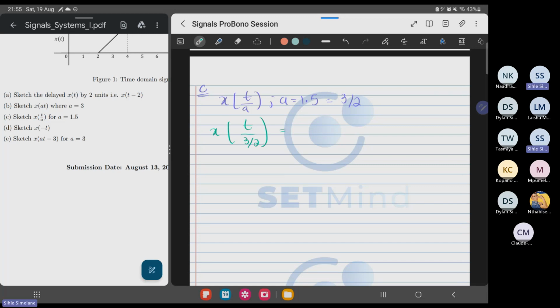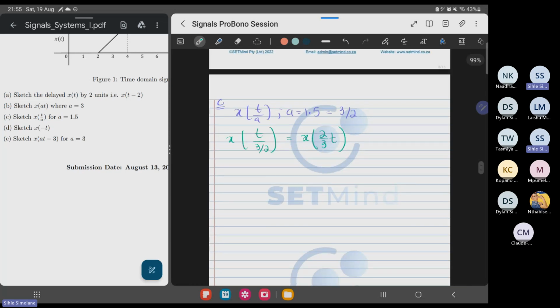And what this turns out to be is x of 2 over 3 t. Okay, so we have 2 over 3 t. And what we said before is that all you do is divide your time by 2 over 3. So we're looking at the original function.